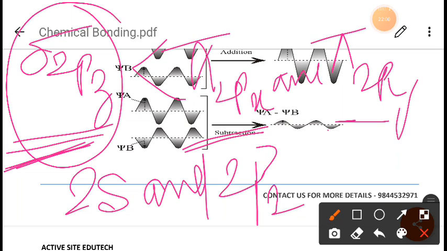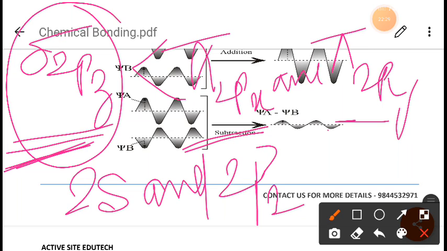Now what will happen after that? Due to the large difference, these atomic orbitals are unable to interact. So a lack of interaction, or we can say that interaction here means mixing. Due to the large energy difference, these atomic orbitals will not intermix.